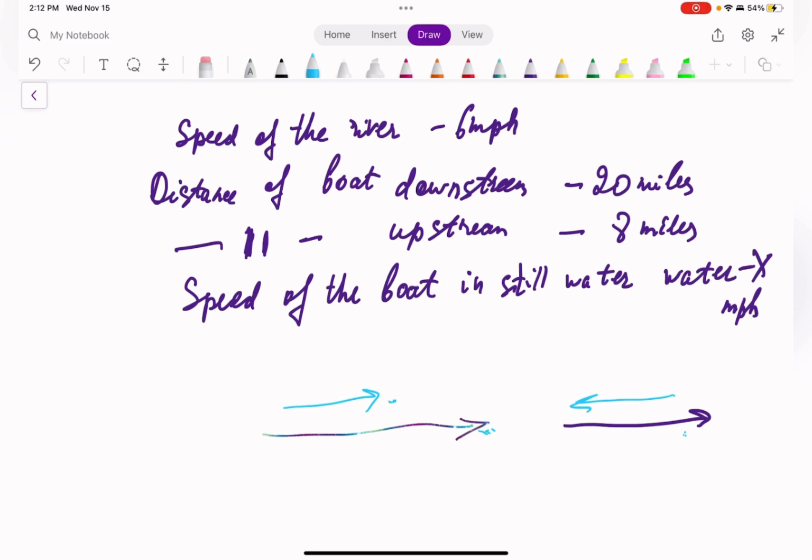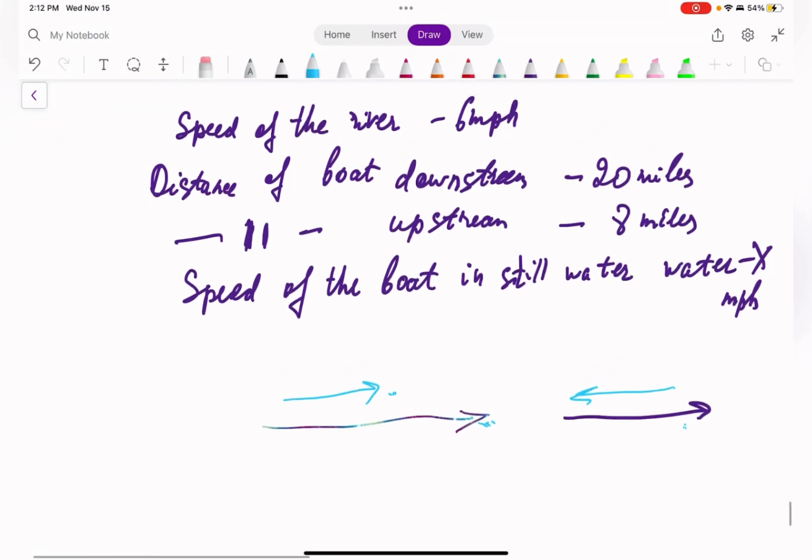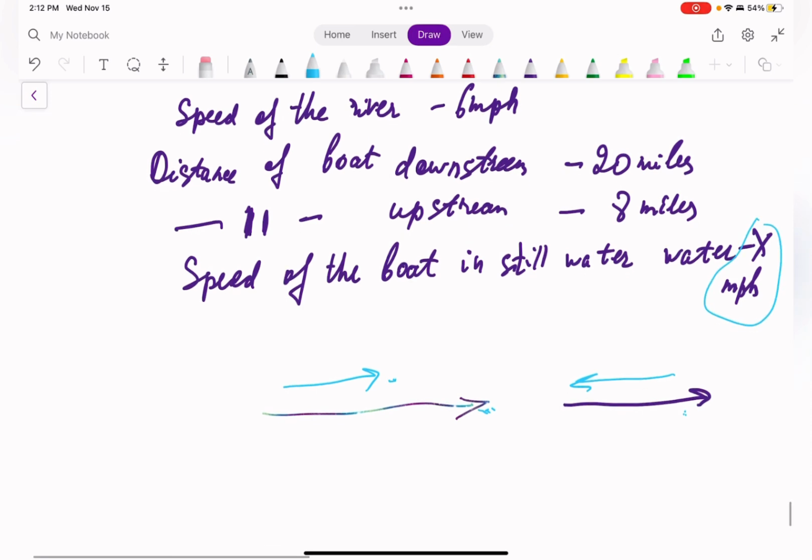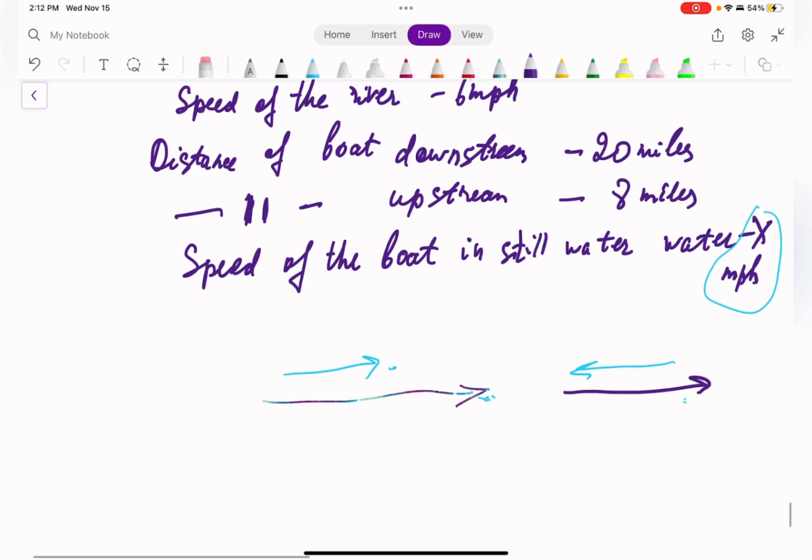So let's start solving this problem. The speed of the boat in still water is going to be x. When the boat goes downstream, that means the flow is going to help.